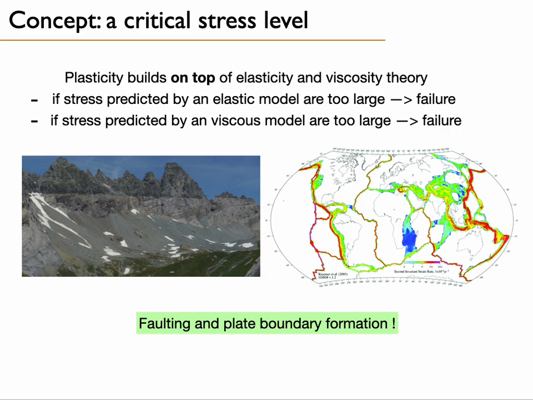So plasticity can be seen as a critical stress level that will control the activation of localized deformation within the rock mass and through the plates. So it can be used to explain the faulting and plate boundary formation.